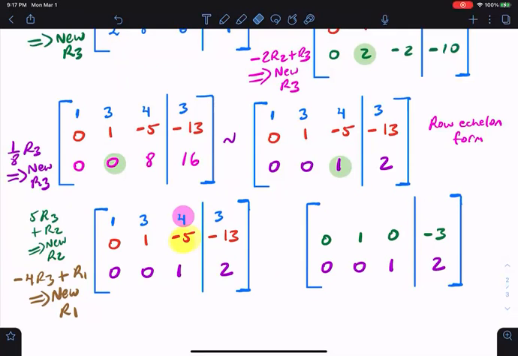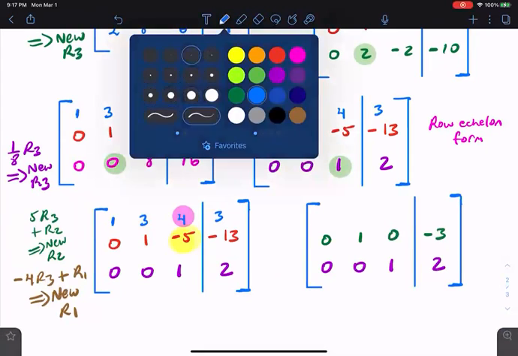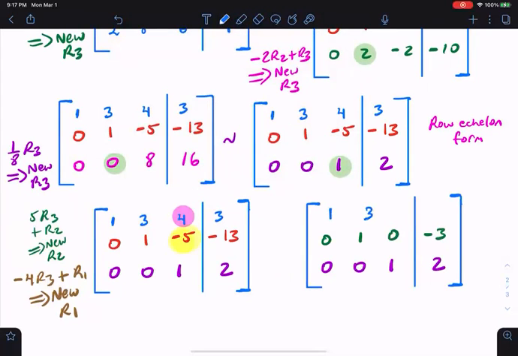So -4 times 0, let me do that one step at a time. I don't want to confuse you. 1, 3, 4, 3. So let's do that, right? So -4 row 3. So -4 times 0 is 0.